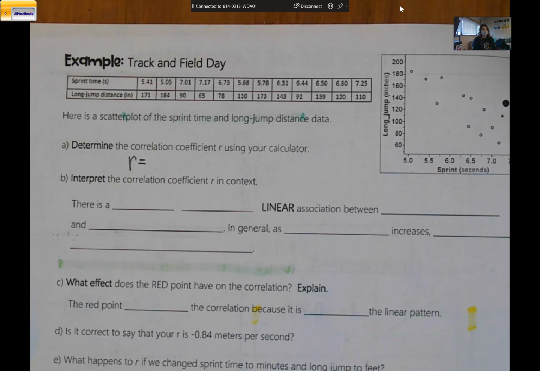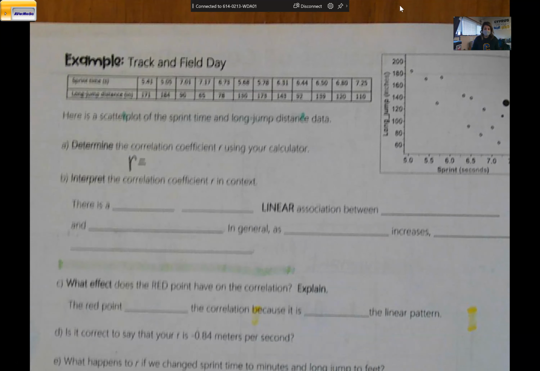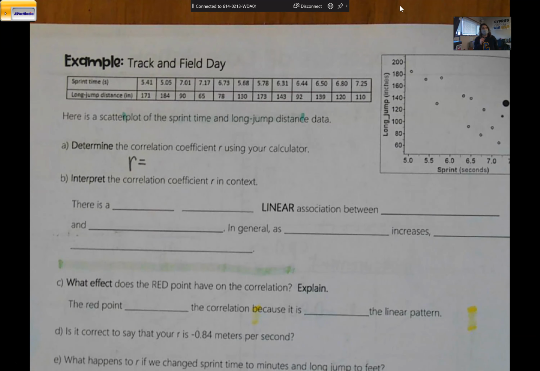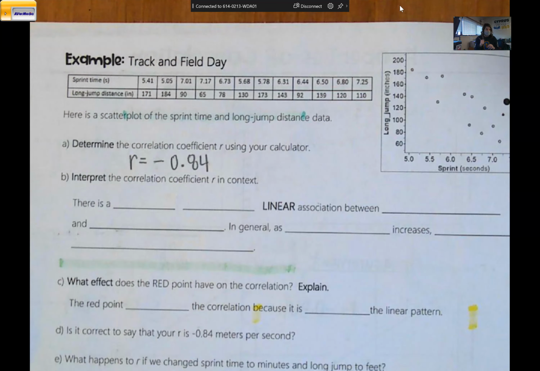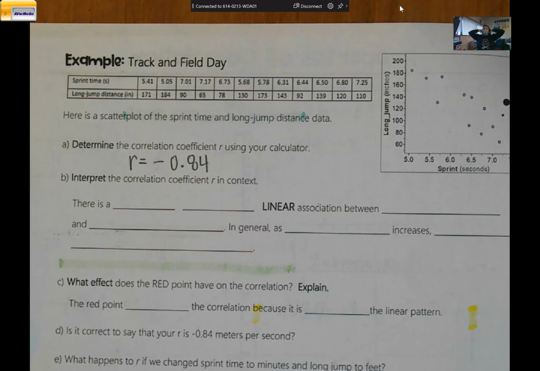You guys got negative 0.84? Is that after rounding? Is that rounding correct? Yeah. Okay. You could go to 3 decimal places too if you wanted to. I usually just go to 2, but you could go to 3.